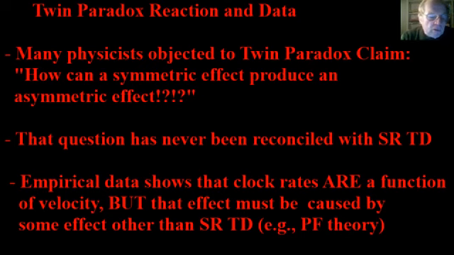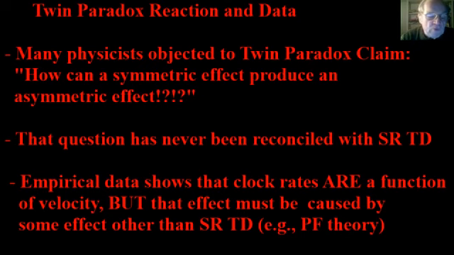However, the empirical data shows that clock rates are indeed a function of velocity. But that effect cannot be caused by special relativity's time dilation, because that's an invalid interpretation, as we discussed.